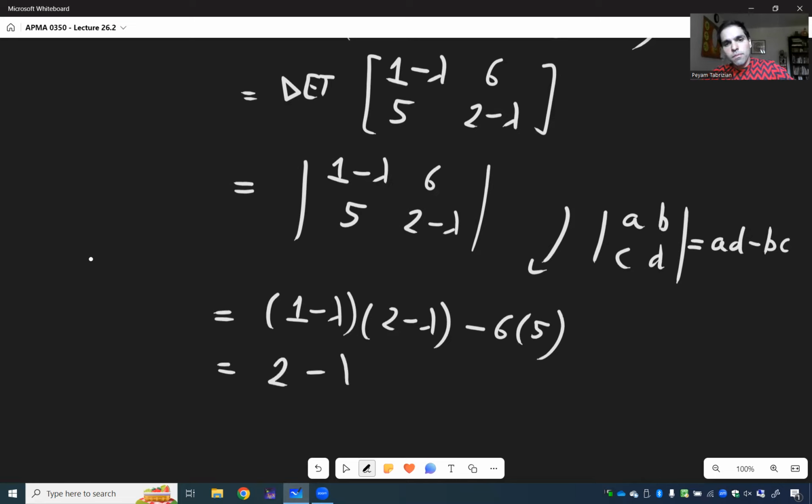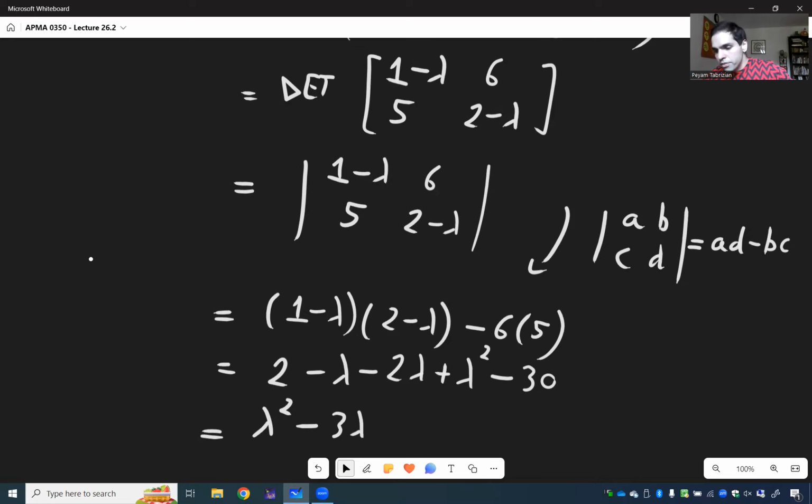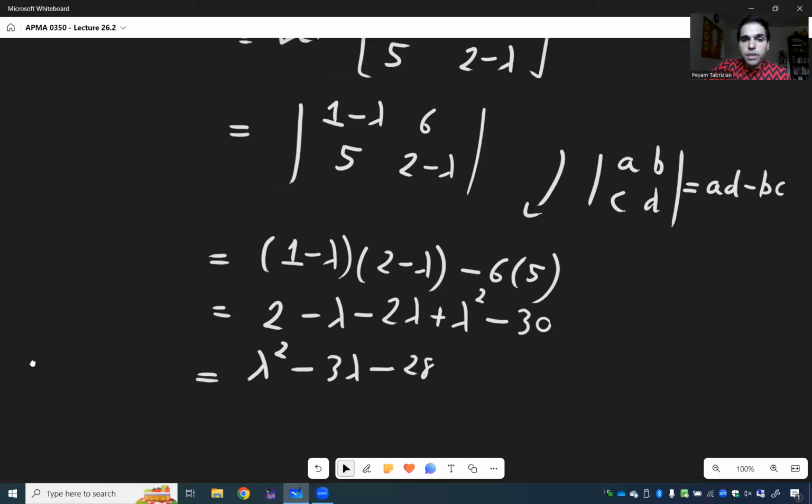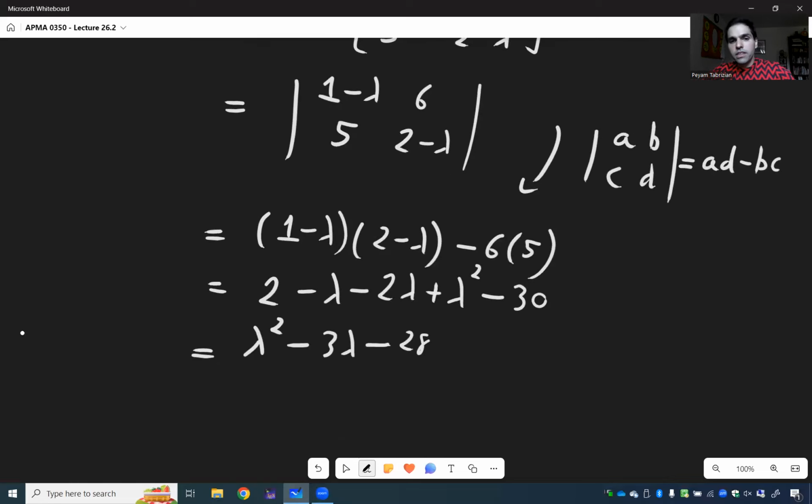So 2 minus lambda minus 2 lambda plus lambda squared minus 30. And then we get lambda squared minus 3 lambda minus 28. And now think, you want the product to be minus 28, but the sum to be minus 3. Like minus 7 and 4 works.